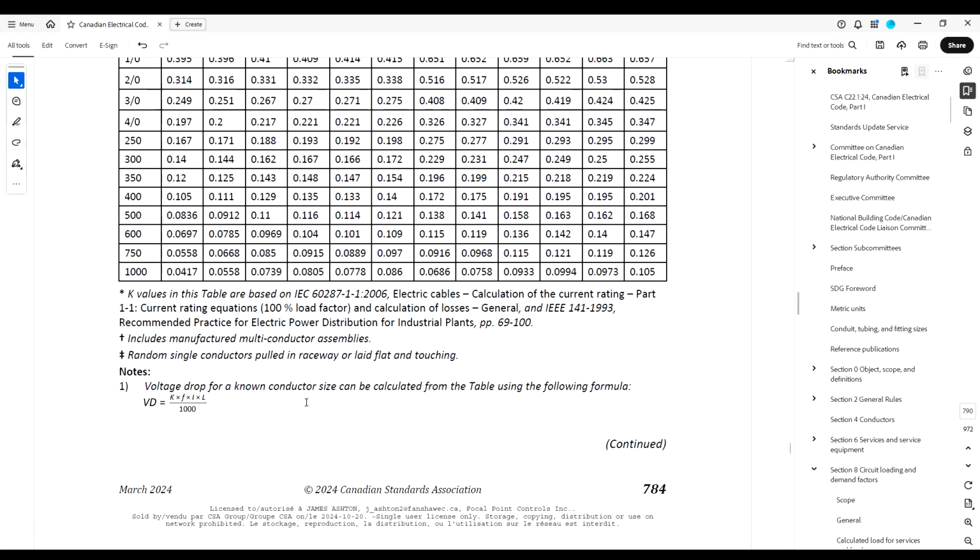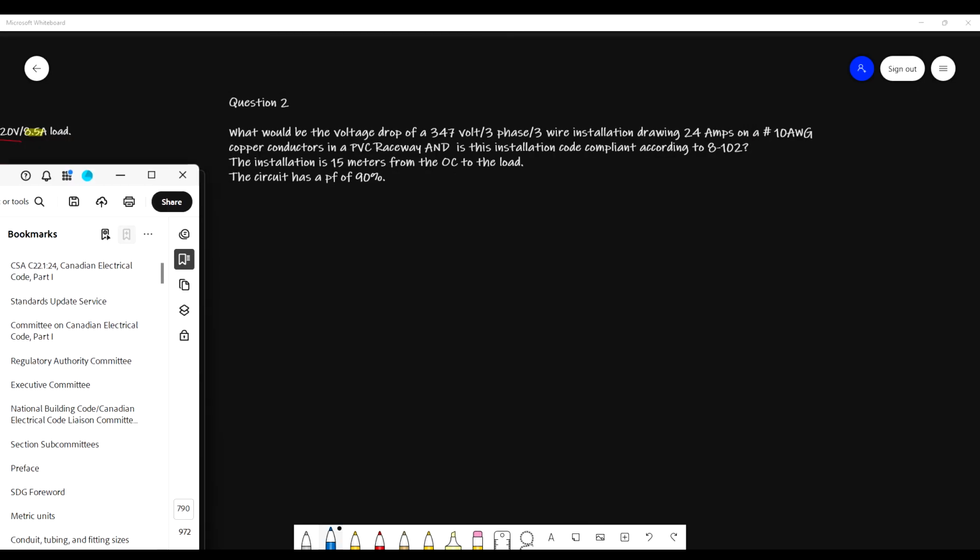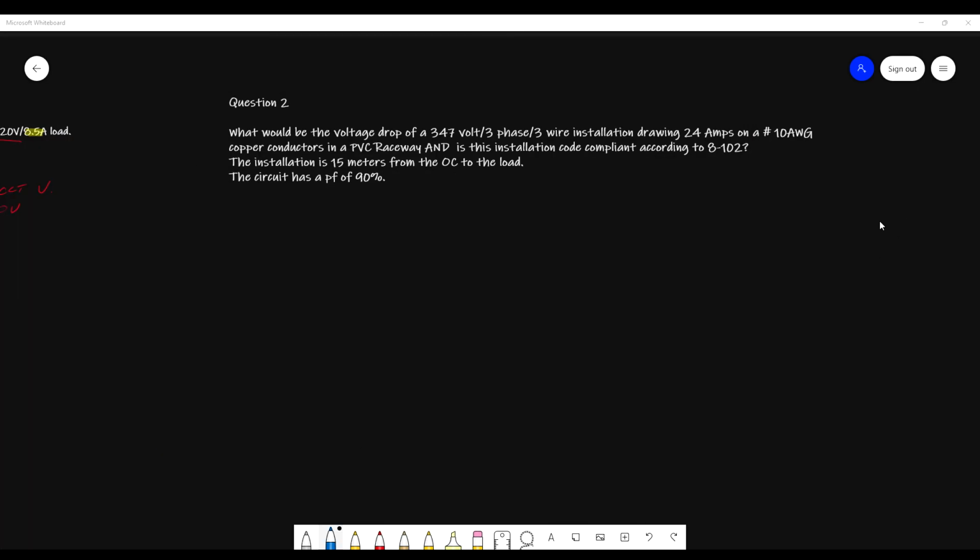Voltage drop for a known conductor size. I think this one right here, right at the bat, because we know the conductor size and we want to find voltage drop. So voltage drop will equal the K value times the voltage drop factor times the current times the length of the circuit divided by 1,000. Okay. All right, let's do another fancy color here for you.